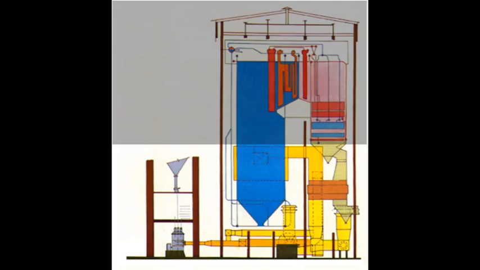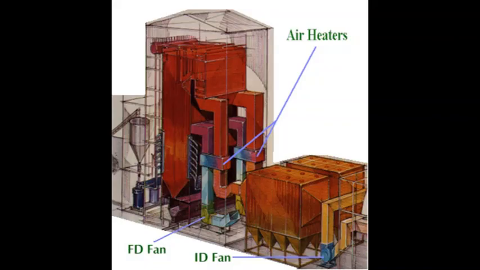Now, this flue gas which is passing through the boiler, in the air flue gas circuit we have some arrangement which is used as air preheating arrangement, and this air preheater preheats the air. As we know, coal is hygroscopic in nature, so we need to dry the coal.